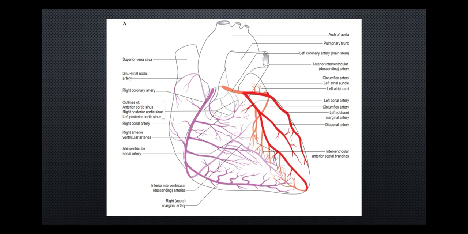Now, a wonderful picture here: the right coronary descends between the atrium and the ventricle, gives off the marginal branch, and passes backwards behind the heart, this particular vessel, whereas the left gives off the anterior descending, which gives off the diagonal branches, and then turns around into the back part of the heart as the circumflex artery.